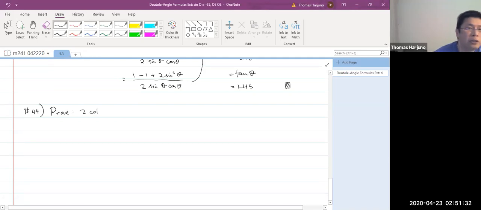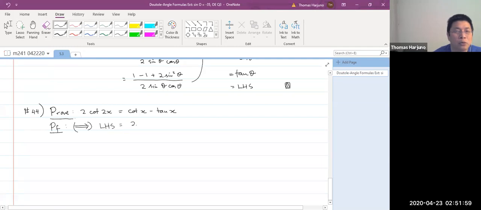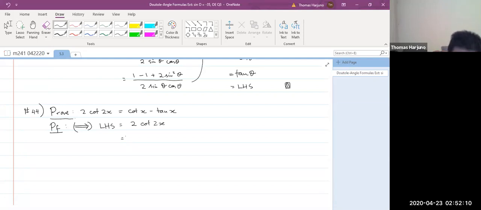How scared will I be when I see: prove that 2 cotangent 2x equals cotangent x minus tangent x. Honestly, we don't have a formula for cotangent. So what should I do if I see this question? Now, which function of the double angle is related to cotangent?